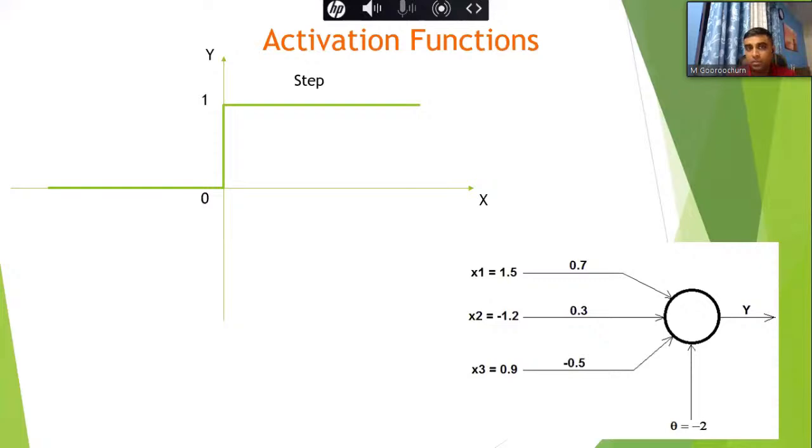Yep, so try to work this out. Remember the activation function, the step activation function in that case. I'll give you 1 minute to work this out, and just share your answers in the chat.